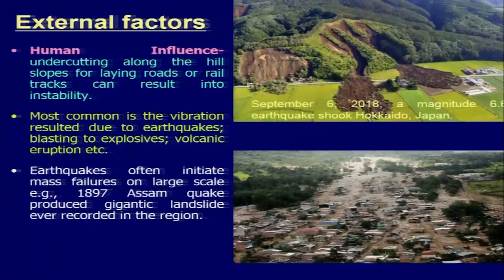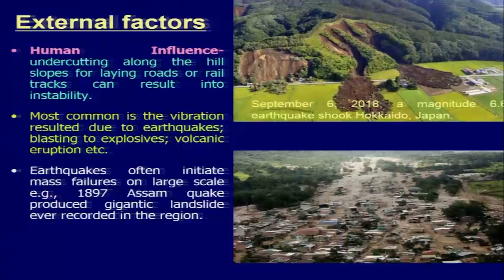Probably we have shown you one more picture in the previous slide, or maybe in the previous lecture, where there was a massive landslide in most of the areas, and that was because there was a typhoon just before the earthquake, and heavy pouring of rain or water because of the typhoon oversaturated the slope material over here, and with just a moderate magnitude earthquake of 6.6, it triggered the landslide.